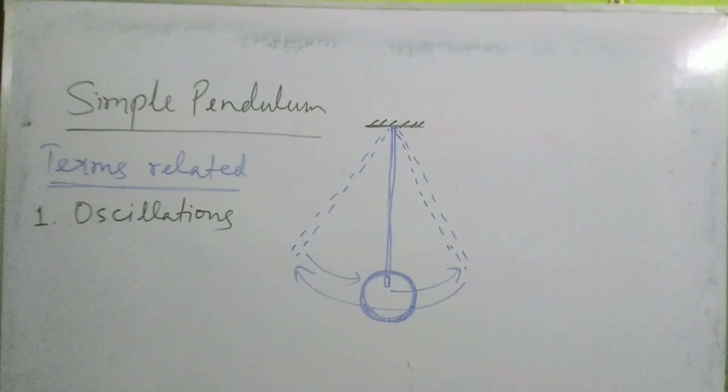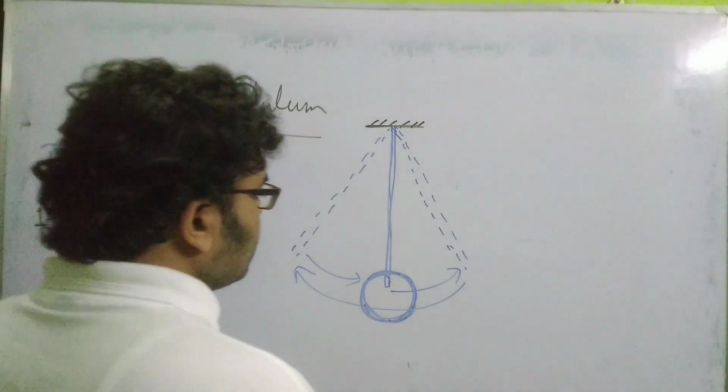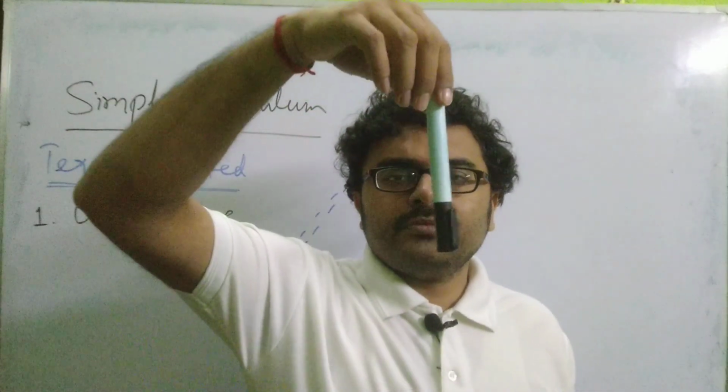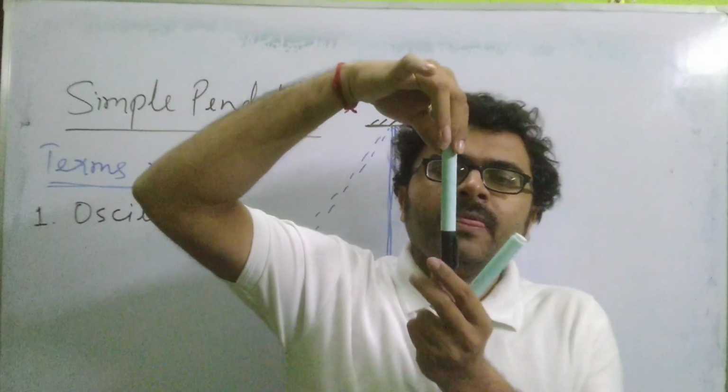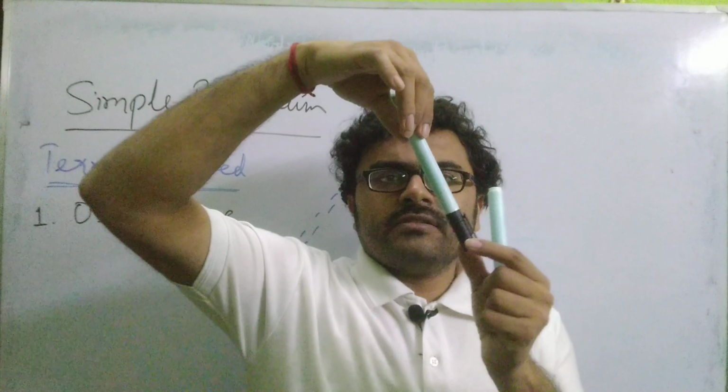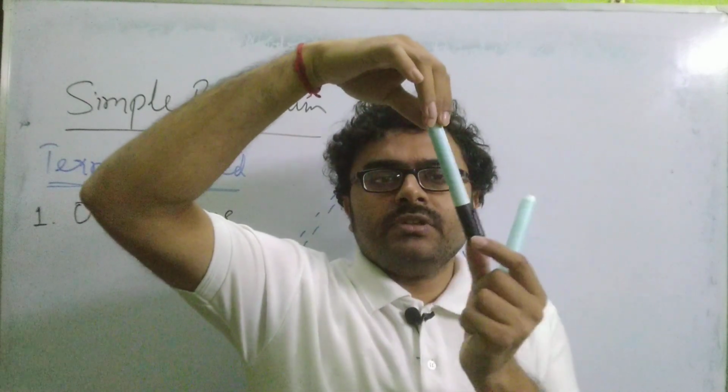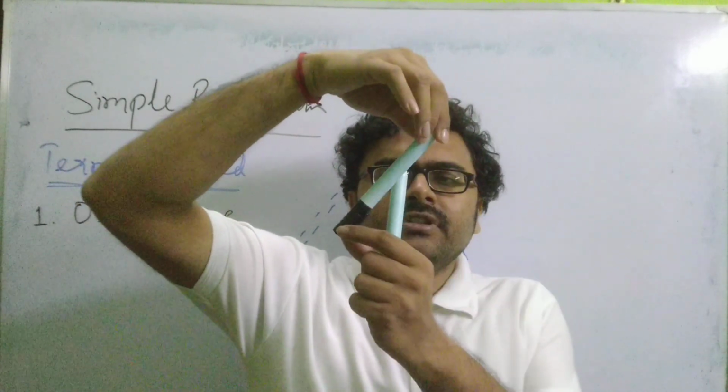Oscillation is when the pendulum is moving to and fro. If you consider this pen to be a pendulum with a bob attached, I cannot show the bob here actually, but this pen can just swing like this, isn't it? To and fro, tick tock.